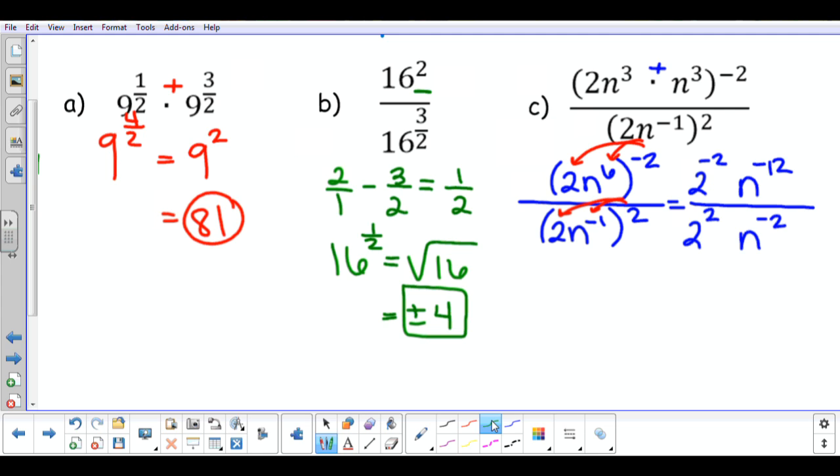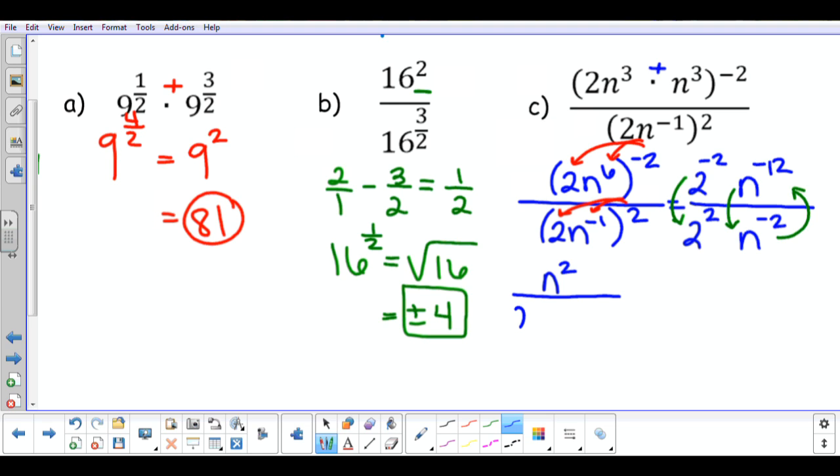So the 2 to the -2nd is going to have to go down to the denominator, as well as the n to the -12. In my denominator, my n to the -2nd is going to have to go up. So I'm going to have an n squared in my numerator. Once the variable or value has changed location, the exponent is now positive.